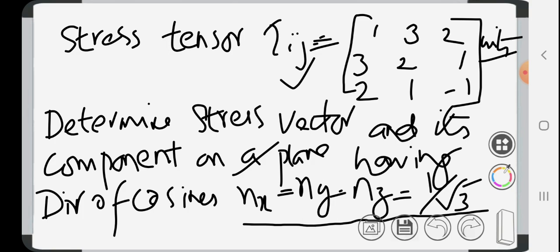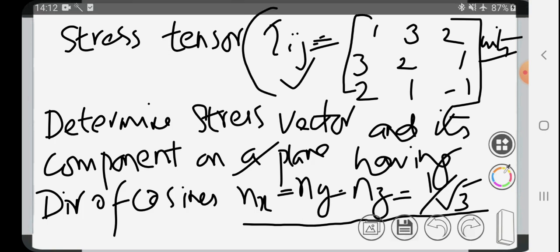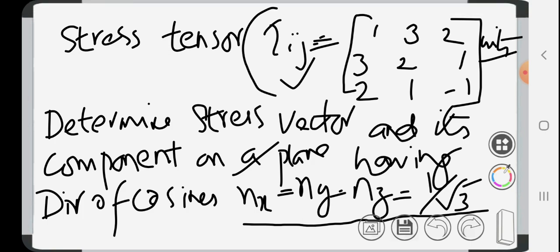What will be the stress at that same point when calculated on a different plane having these direction cosines?